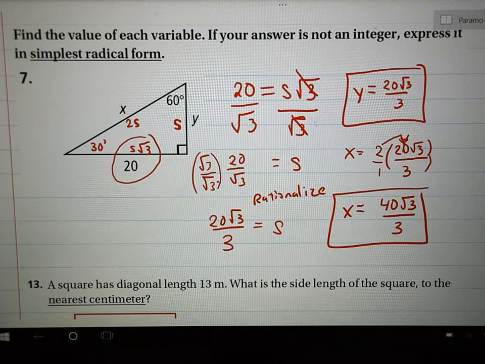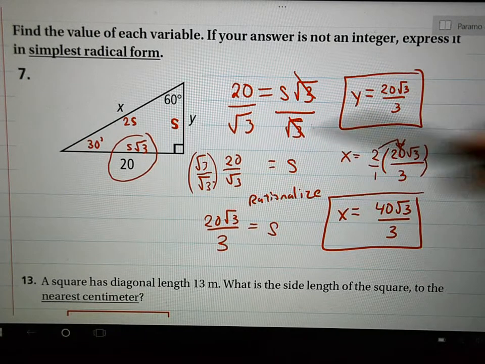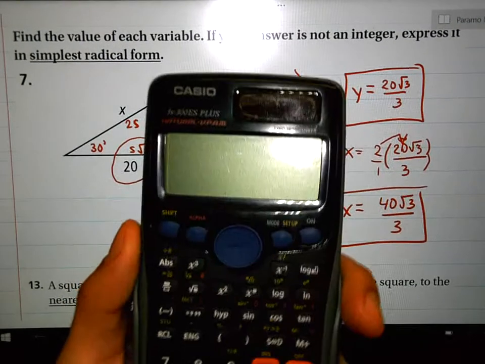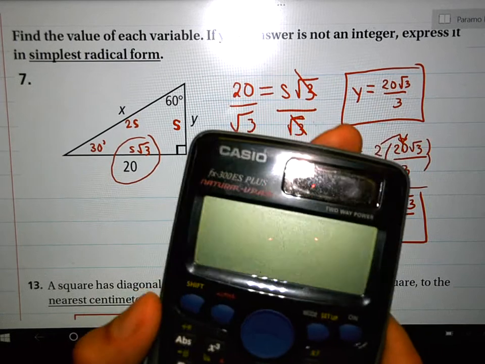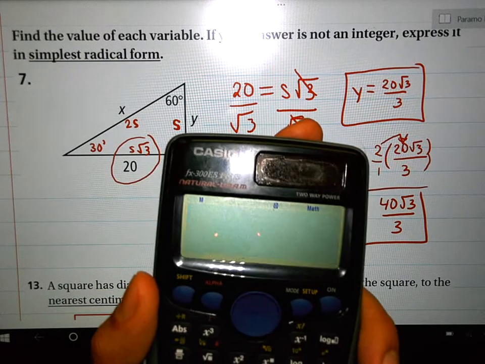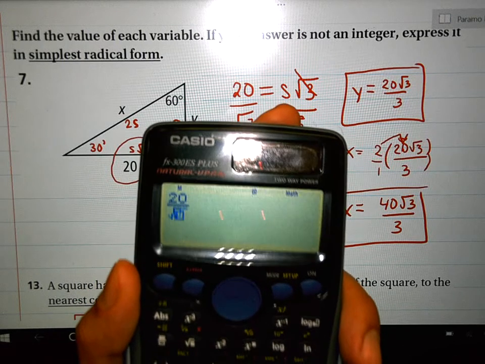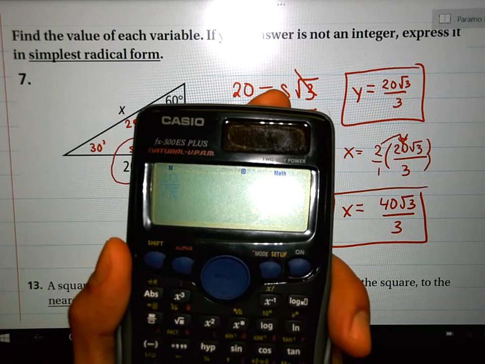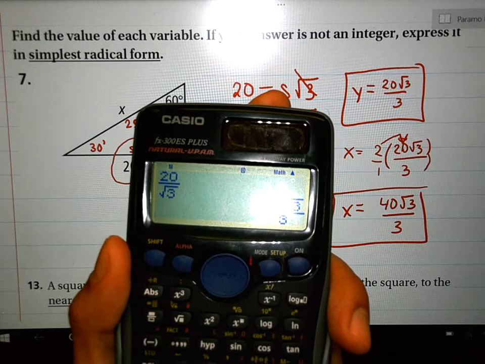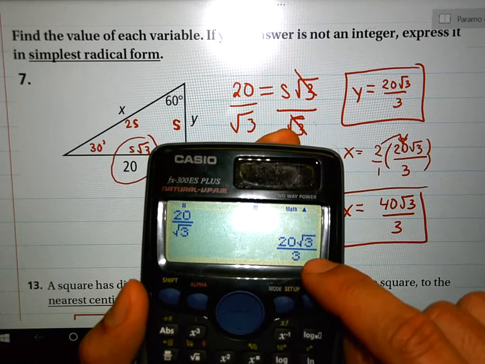One other thing I want to show you here, just in case. If you're doing this and you're having a little trouble rationalizing, our calculators, the ones that I've recommended to you, the ones that are on our back wall in our room, can rationalize for you. For example, if you put 20 over root 3, just like this on the calculator, and you press equals, what it does is it tells you rationalize is 20 root 3 over 3.